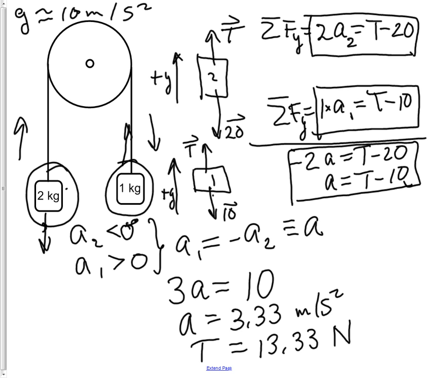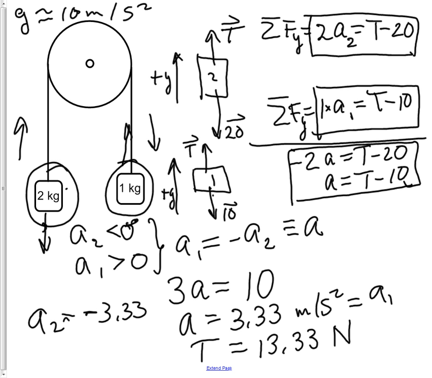I'll remind you, this is A1, and so A2 is minus 3.33. Okay, so this guy is going to have a negative acceleration, but that's right. If you let go of him, he's going to go in his negative direction. Okay, so that's the Atwood's machine.